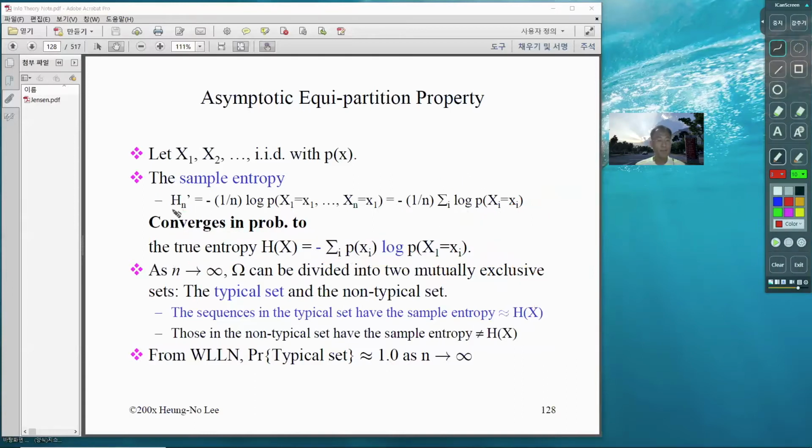So this sample entropy is nothing but the sum of inverse probabilities of each individual random variable, right?